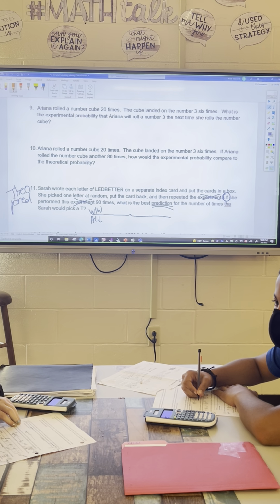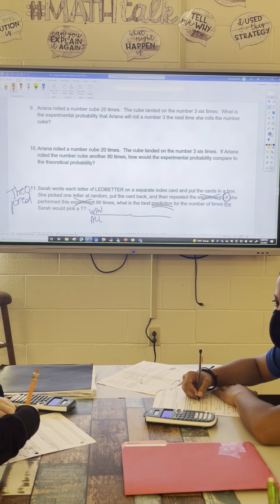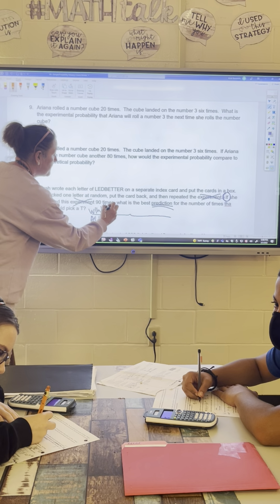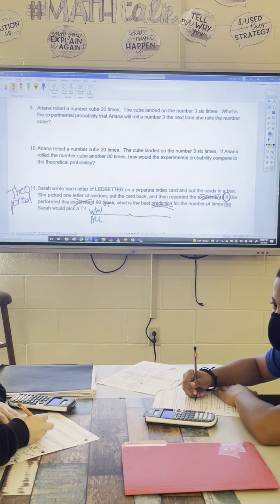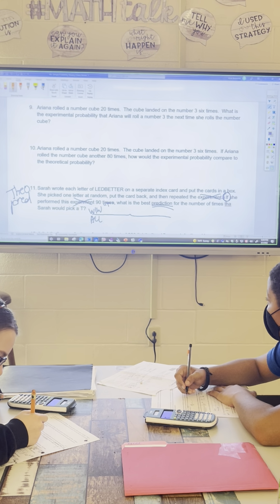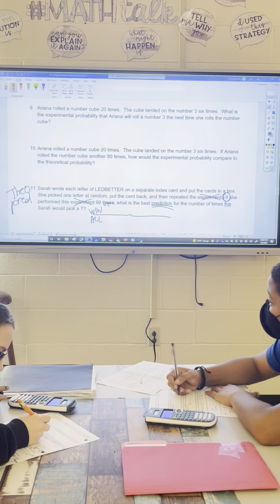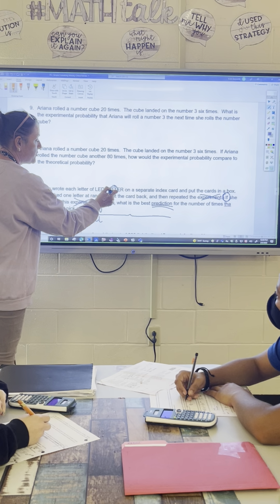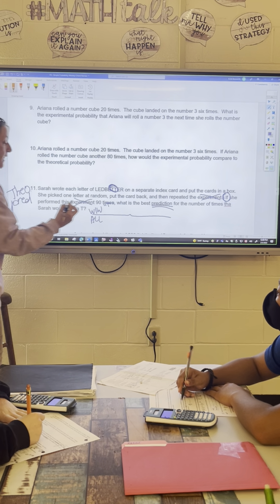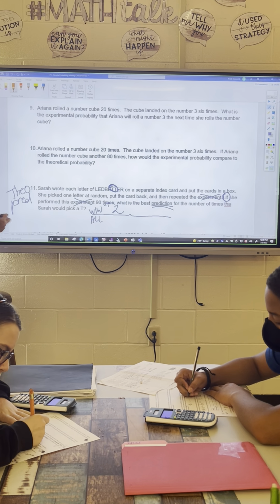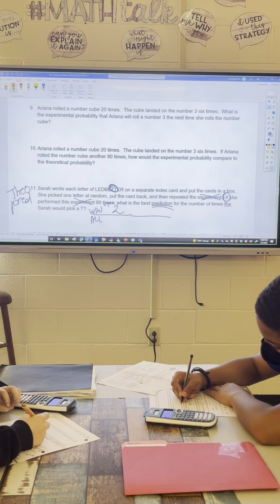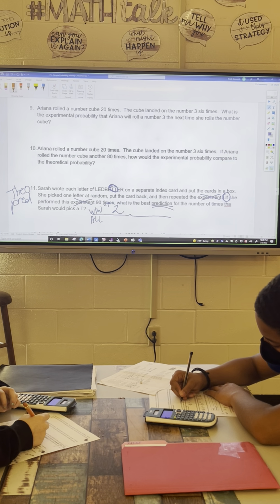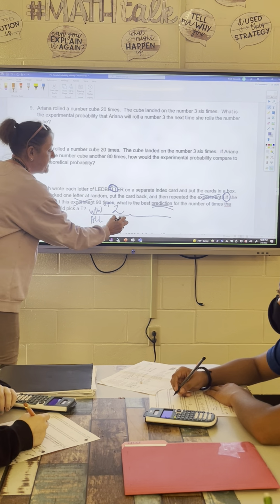What do we want? I want a T out of all the letters. How many T's are there? There are 2 T's right there, aren't there? There are 2 T's out of 9.